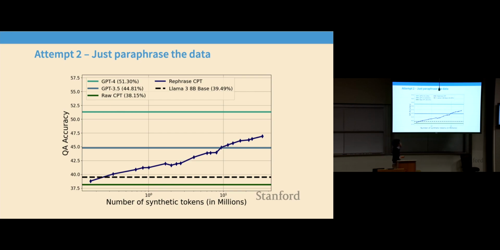So I'm just going to rephrase that book, and that's going to give me this blue line. As I generate more and more synthetic tokens from rephrasing, I see pretty predictable linear gains. If you've seen many different kinds of language model training plots, some people would call this a scaling law on this y-axis here. That's exactly what you want to see. In some ways, the success of modern language model pre-training is predicated on a scaling law.